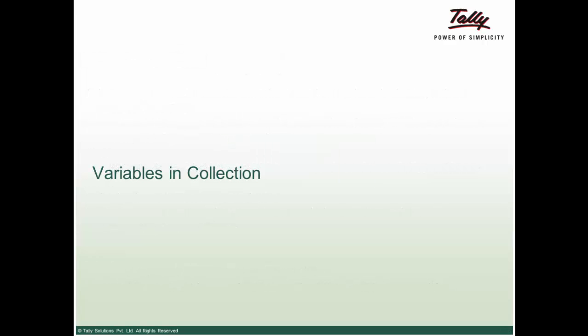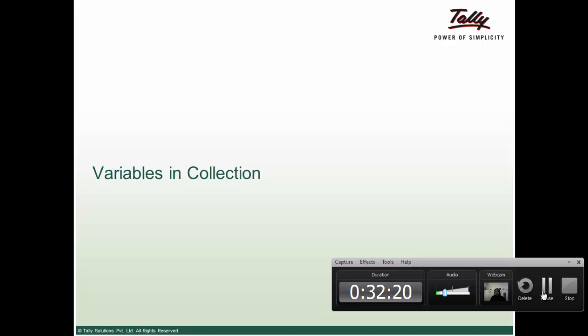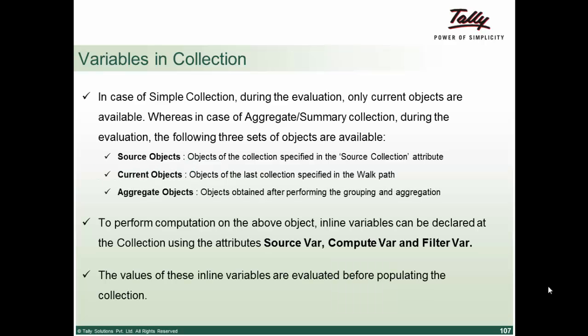Now we come to a very important concept of collection variables. In any kind of simple collection, during the evaluation, whatever methods we provide always evaluate on the basis of the current object context. Whereas in the case of aggregated and summary collections, the evaluations do not take place.